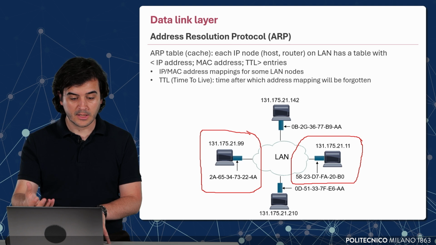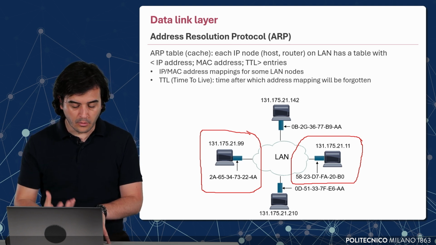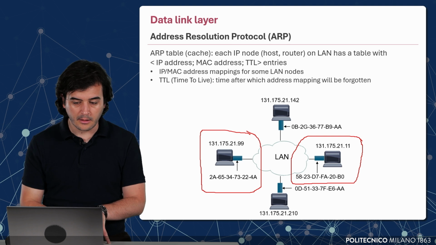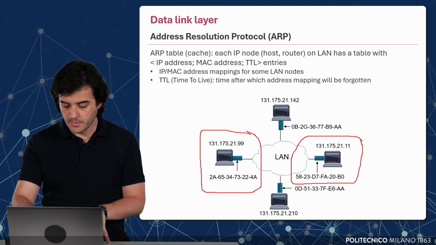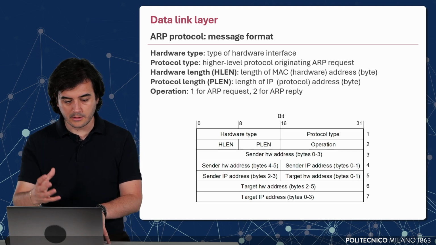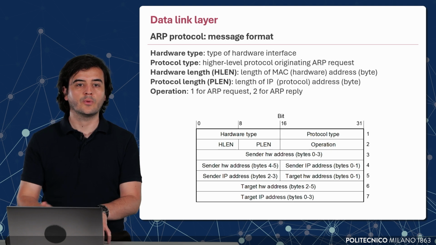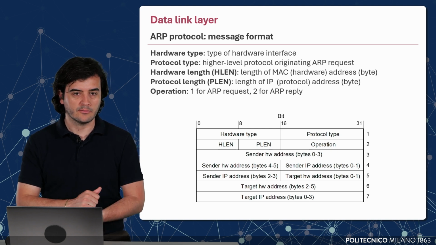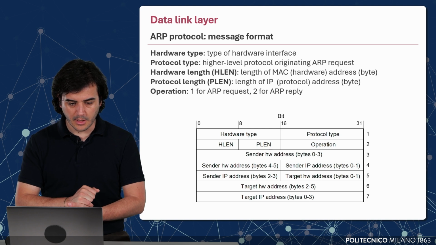The type of messages which allow this mapping in order to populate the ARP table are called ARP messages. The message format that we see is very similar to what we have seen in previous layers, in previous lectures.